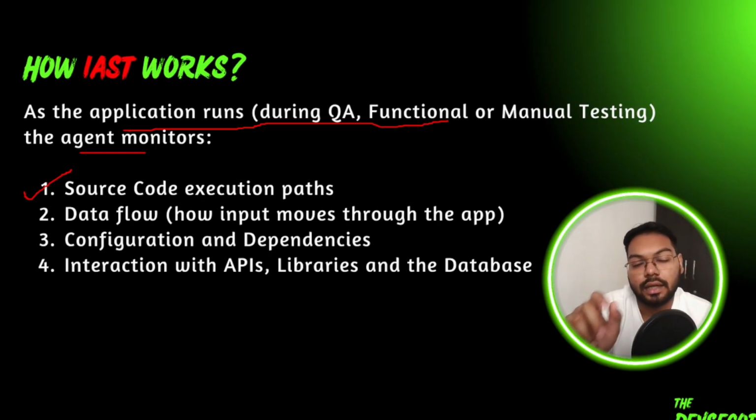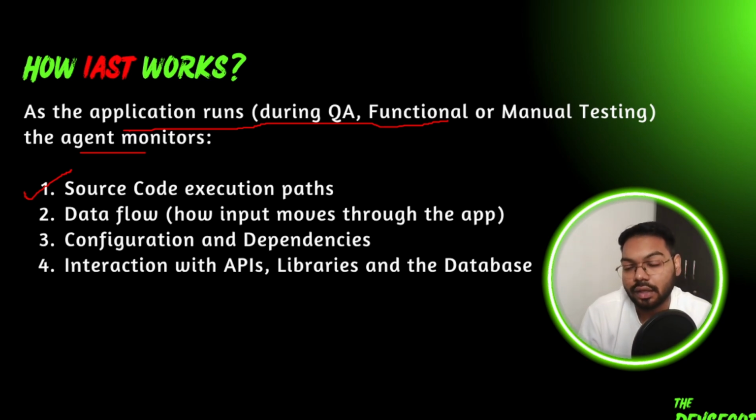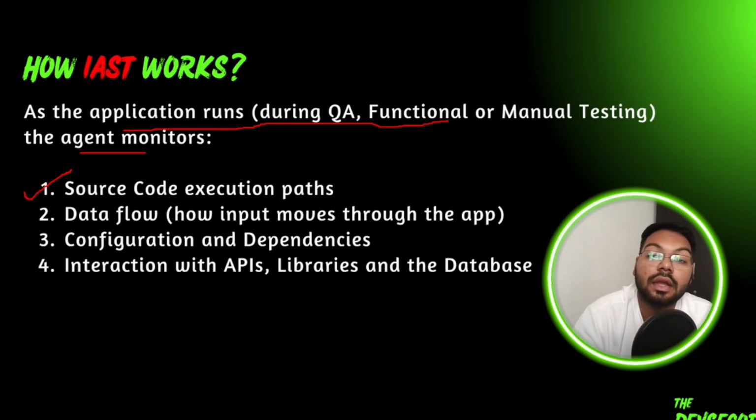I hope a DevOps engineer would not grasp the gravity of this particular feature, but I would make sure developers will really appreciate this feature, because they do not have to later go into debugging mode and test, okay, this is on line number 165 that I am facing the issue, and here is what I need to fix in the code in that particular fashion. So the source code execution path is really important.